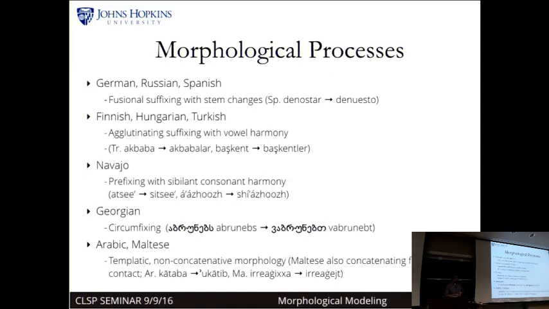And Arabic and Maltese have traditional Semitic templatic morphology. So they do a lot of things using non-contiguous stem changes. And in fact, Maltese is the worst of the bunch because it combines the Arabic templatic morphology with a bunch of concatenative morphology borrowed through contact with Italian.